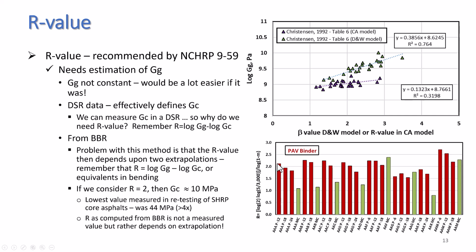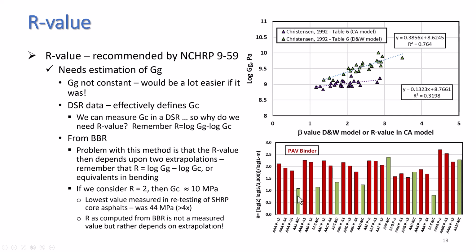You can see, depending on which isotherm you use, we get a different value for the R value. This is fairly consistent across the whole data set. Generally, if I use a higher temperature, so -12 versus -24, I get a higher R value. That trend is roughly consistent. There's an odd binder here that doesn't quite conform to that, but generally speaking, that trend is consistent.